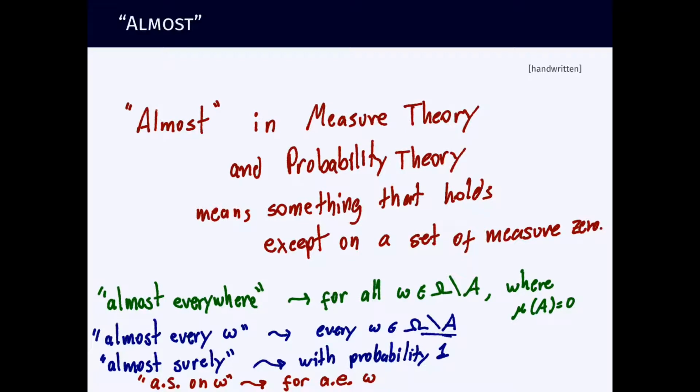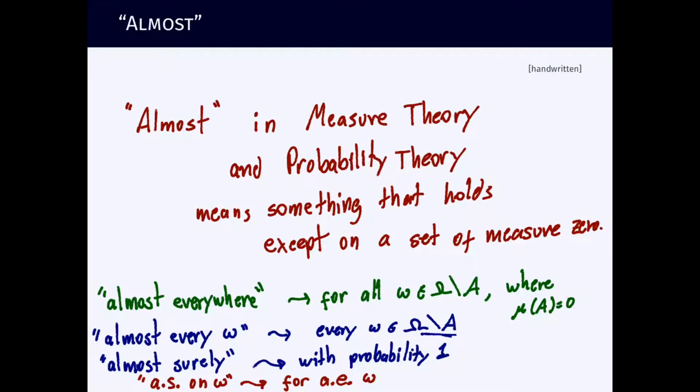It is to be remarked that all these expressions depend, and we do not make that dependence explicit, on a certain measure. We choose a measure, and for different measures, different things will hold almost everywhere, for almost every omega, etc. If it is not clear in the context, or we want to make sure it will be clear, we can add a mu here.